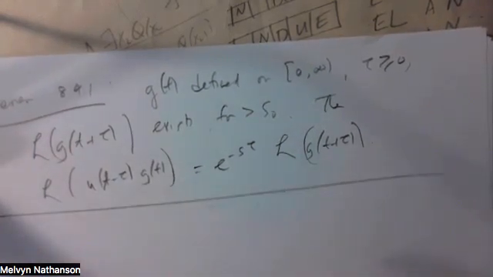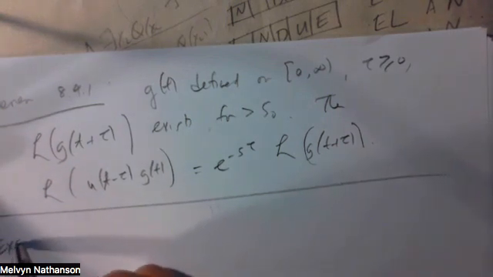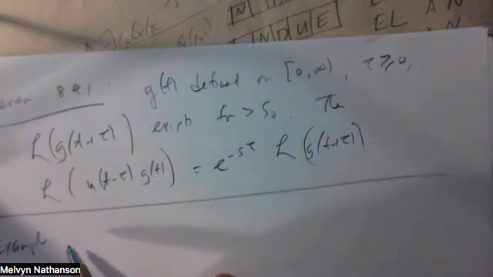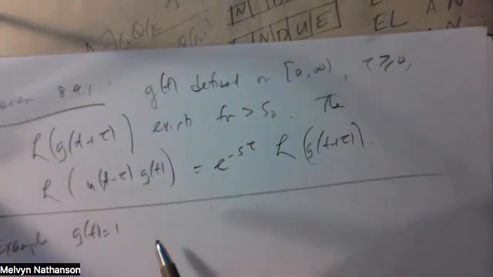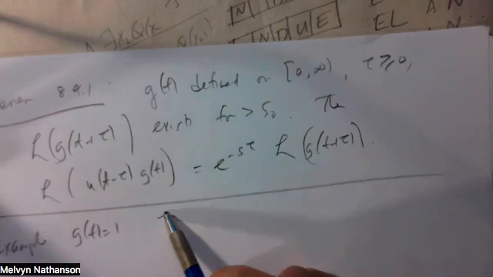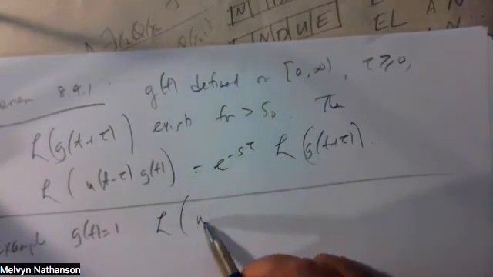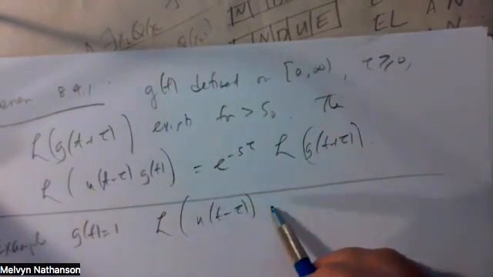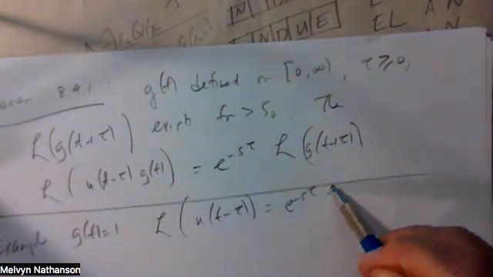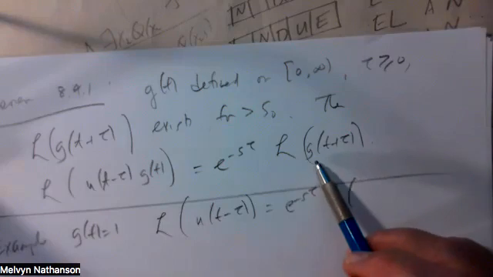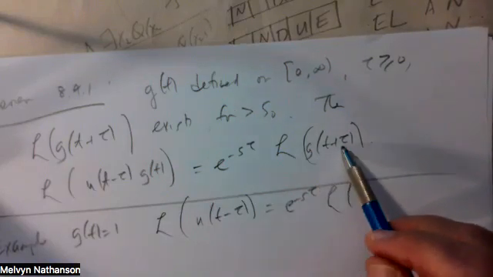So that looks a little bit complicated. Let's look at a simple example. Suppose we take g of t just to be equal to 1. So this formula says the Laplace transform of u of t minus tau is e to the minus s tau times the Laplace transform of g of t plus tau.